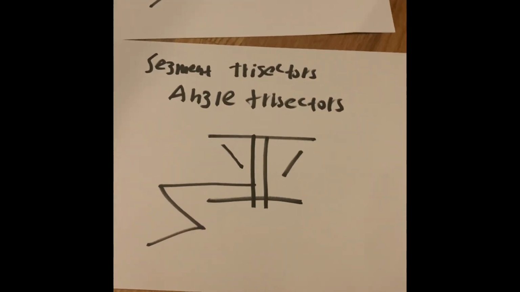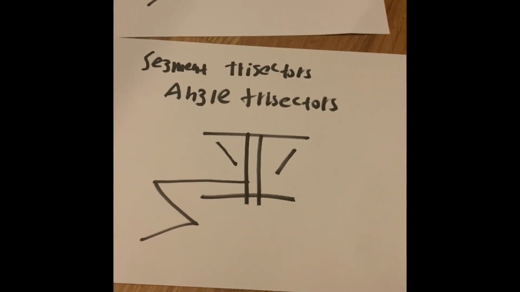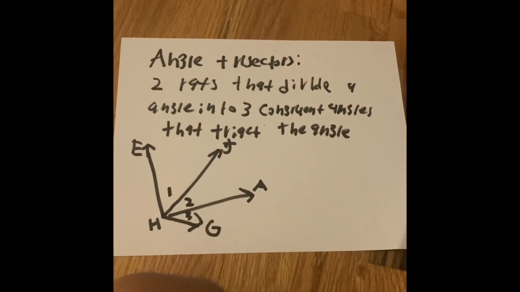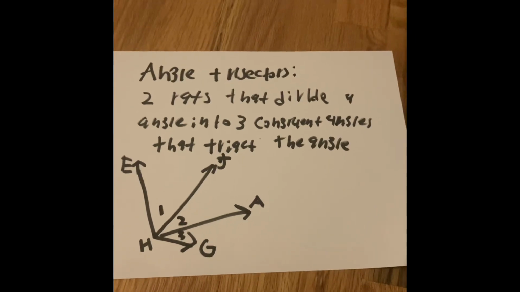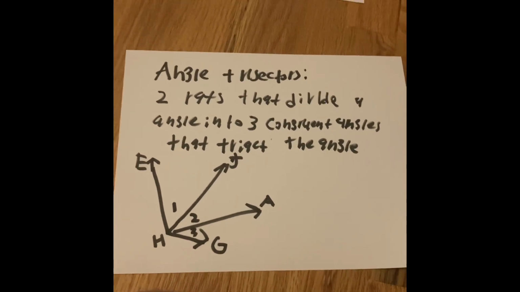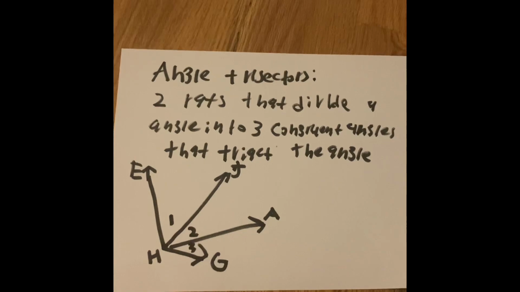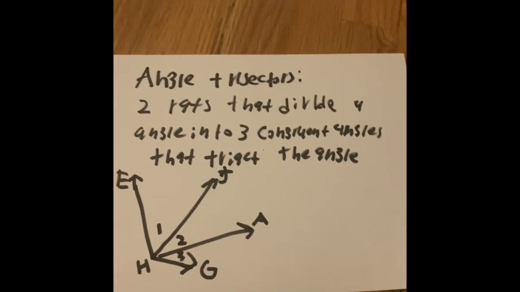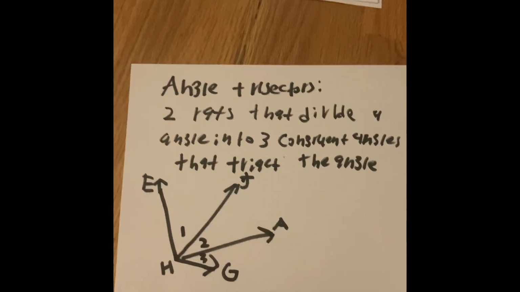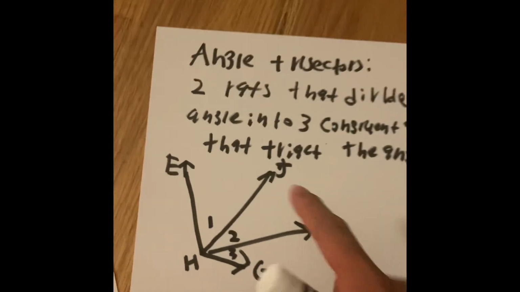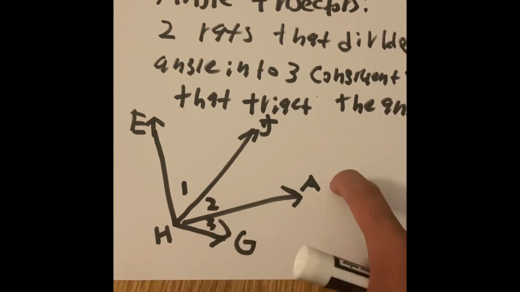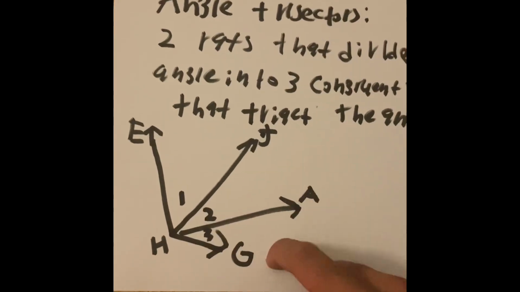What happens is we only learned about the segment trisectors. Now we have to learn about the angle trisectors. The angle trisectors are just like angle bisectors in the last video. However, we have 2 rays that divide an angle into 3 congruent angles. That trisects the angle, so it can explain that EHJ is an angle, JHA is an angle, and AHG is an angle.